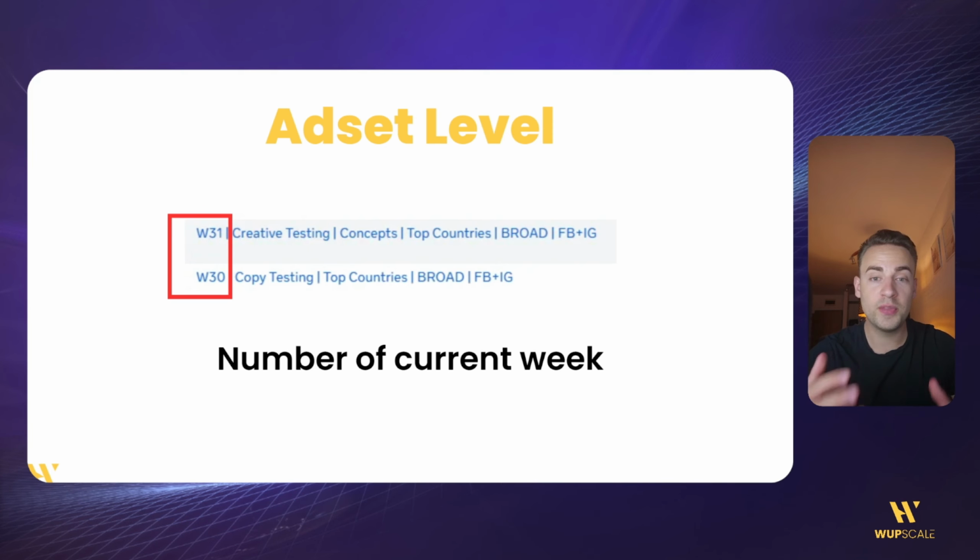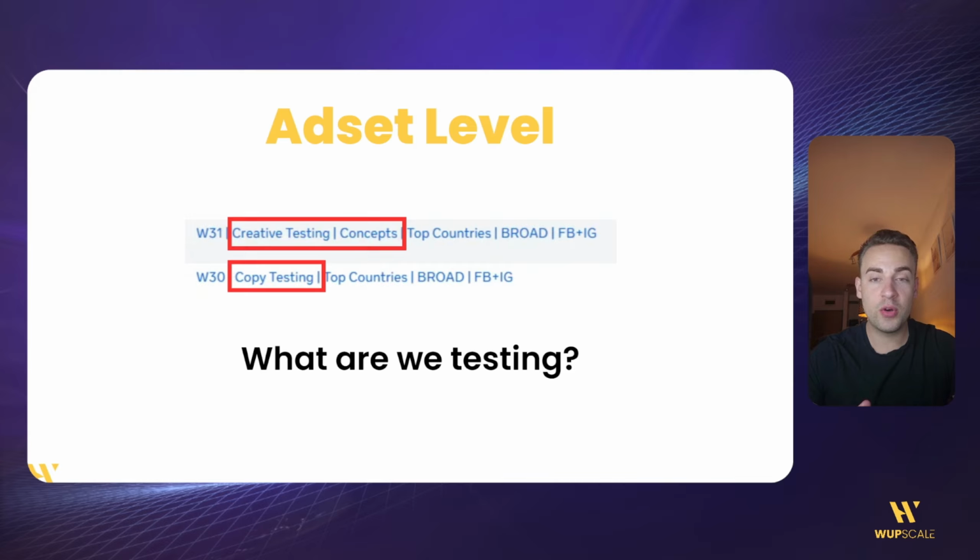Now, especially with Andromeda, you need to test new creatives every week or multiple times per week. Since we are pushing so many tests, at the start of the ad set name, I like to use the number of the week. In this example, I was using week 30 and week 31. Next, the naming convention is going to reflect what we are testing in the ad account.